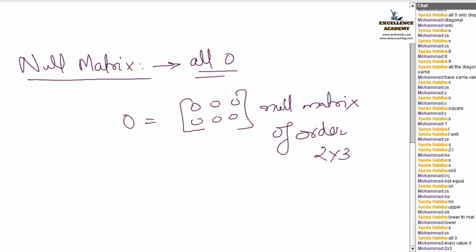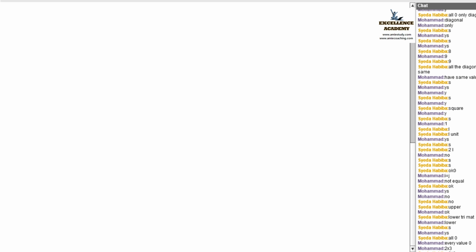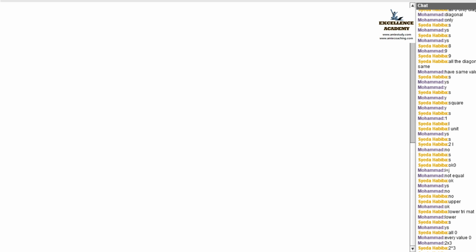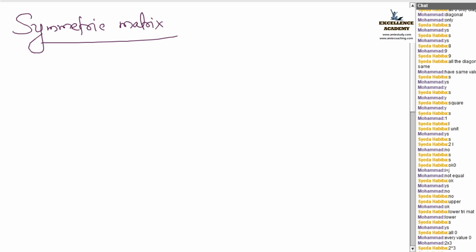Next one is symmetric and skew symmetric matrix. Have you heard of this one? What is a symmetric matrix? How can you define a symmetric matrix?